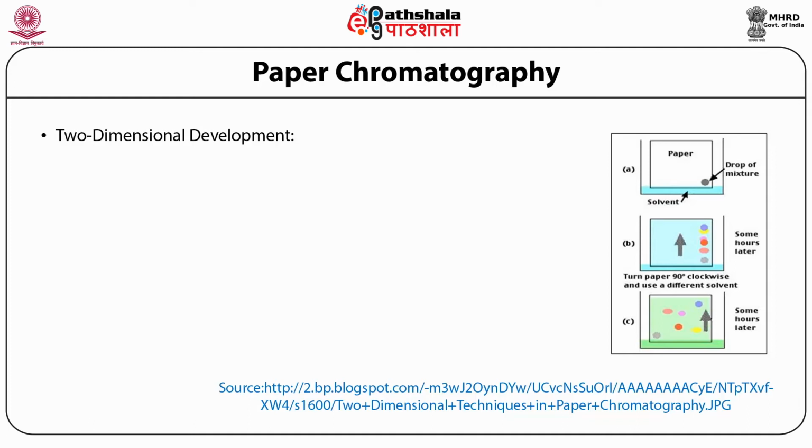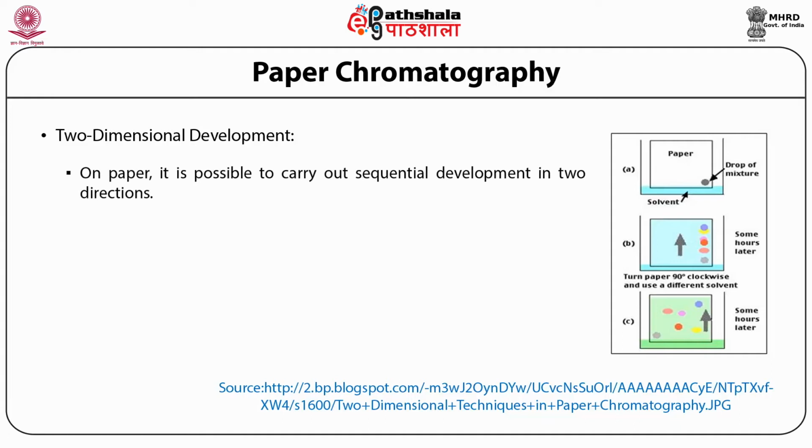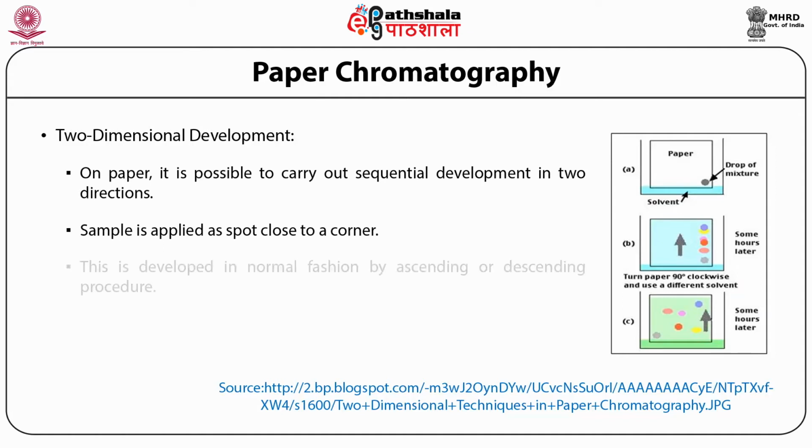In all previously discussed methods of chromatography, the eluting solvent could flow in one direction only, through the column or across the paper. On a plane surface, such as a piece of paper, it is possible to carry out a sequential development in two directions. The sample is applied as a spot close to a corner. This is developed in the normal fashion by ascending or descending procedure until the fastest moving spot approaches the end of the paper.